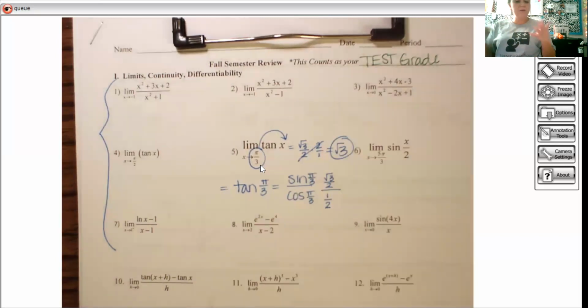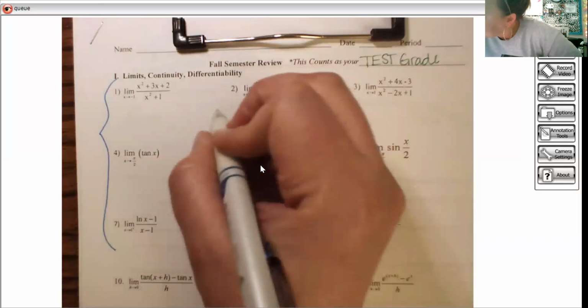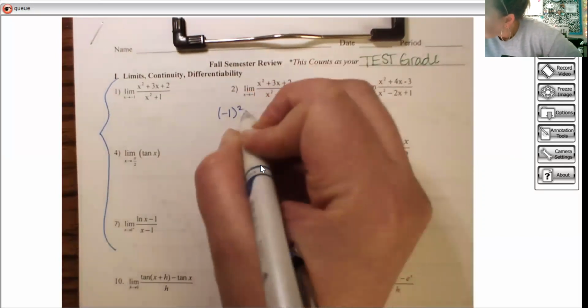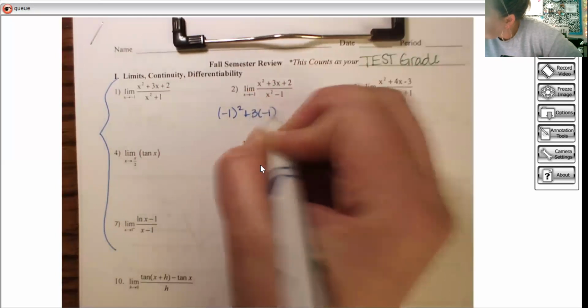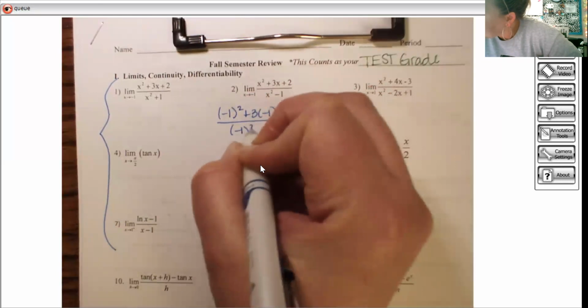So if you can plug it in and get an answer, that's awesome. Now let's take a look at number 2. When I take a look at number 2, I see x is approaching -1. So I would have -1 squared plus 3 times -1 plus 2 over -1 squared minus 1.